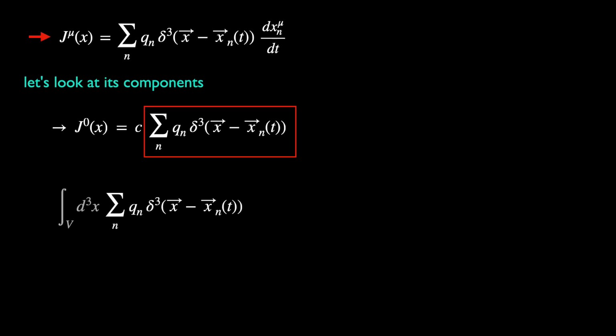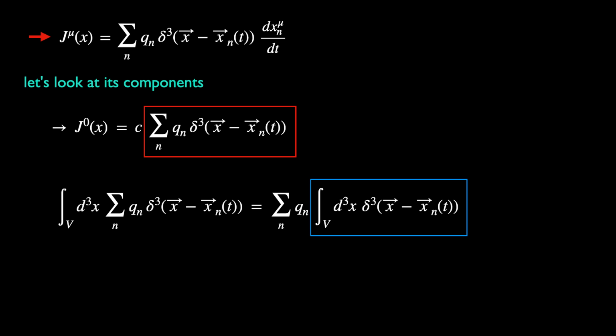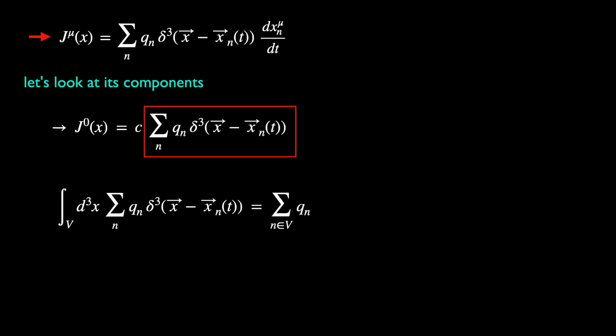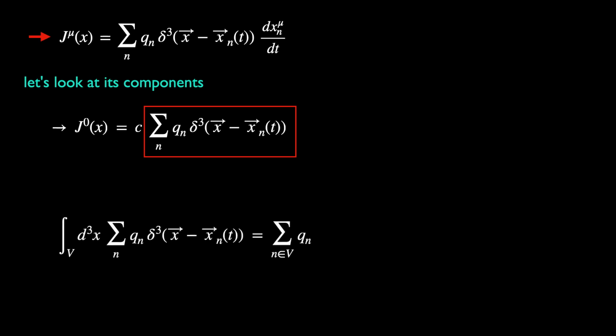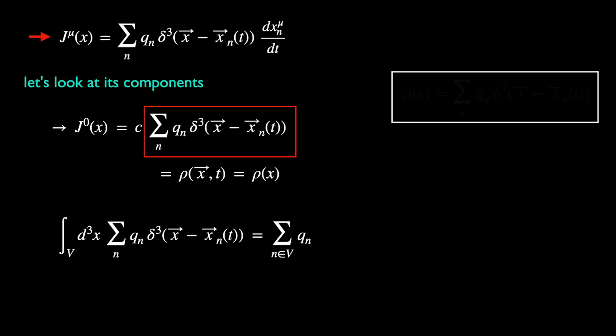For instance, if we integrate it over any spatial volume, this integral within the sum is not zero only if xn, which is the spatial location of particle n, is in the volume, and is equal to 1. This sum is over all the particles that are in the volume V at time t, and is the total charge contained in the volume. Thus we see that the term in the red box is indeed the charge density.